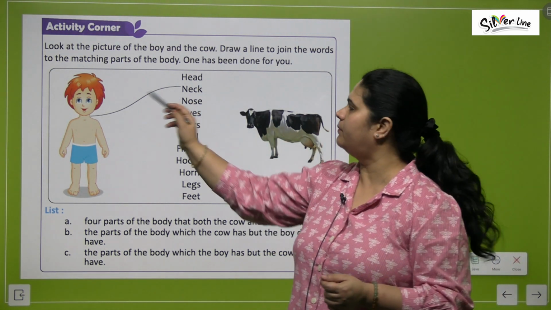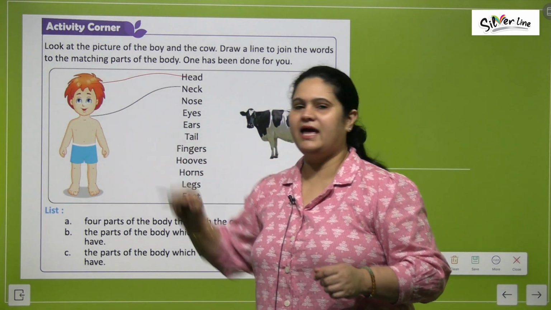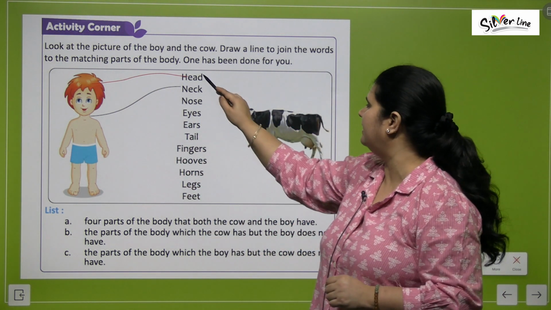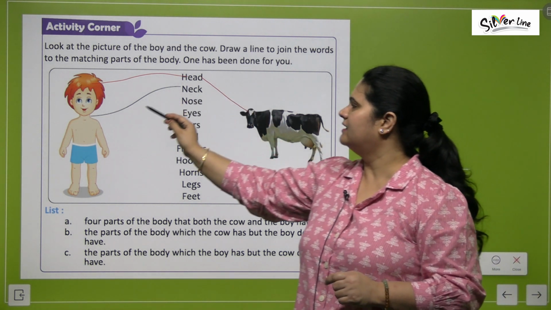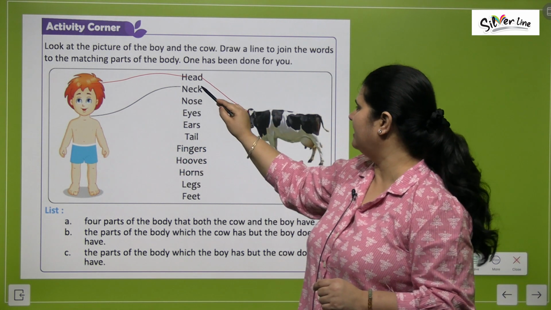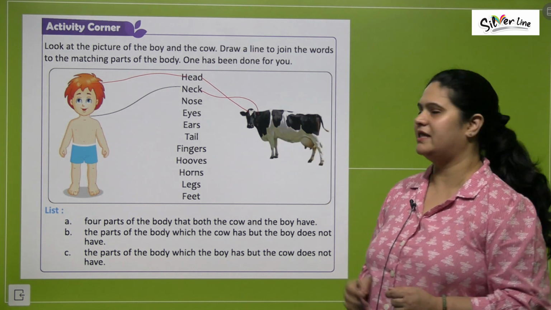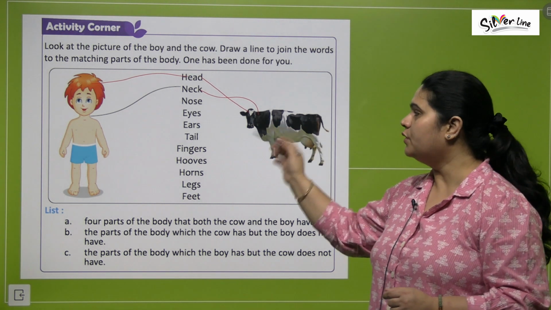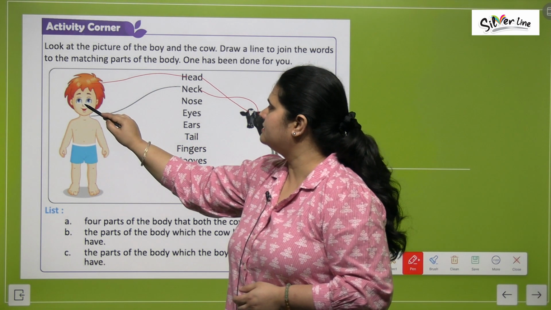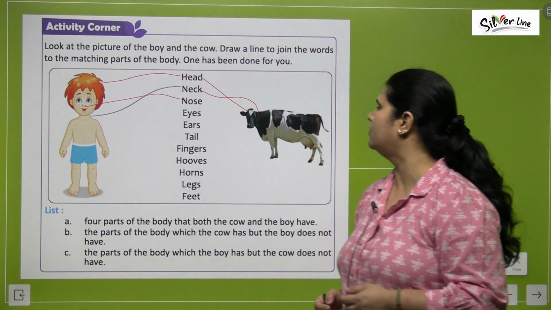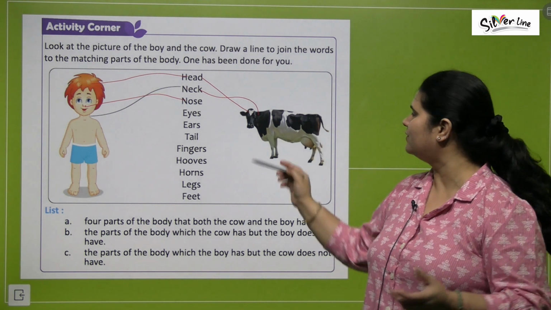Head, right? For the boy, this is the head and cow's head is this, right? Neck, this is the boy's neck and this is cow's neck. Nose, where is boy's nose? Here, this is the boy's nose. And where is the cow's nose?